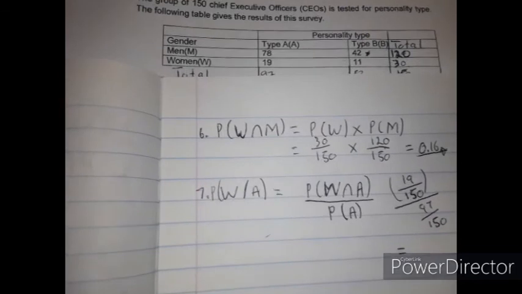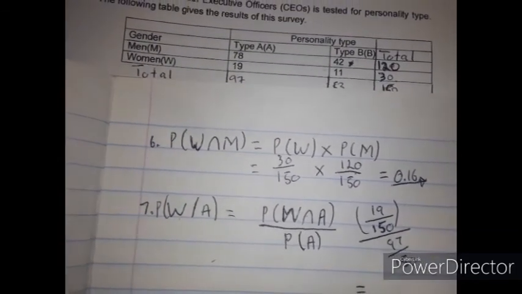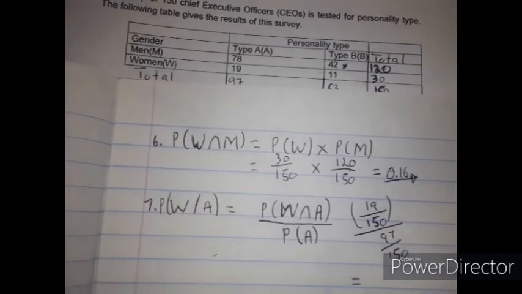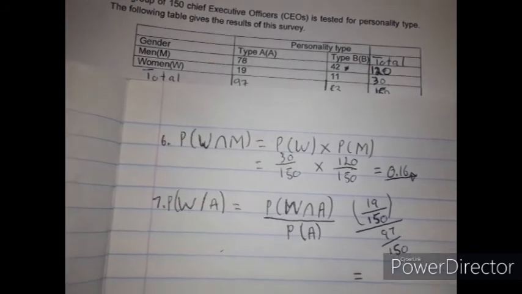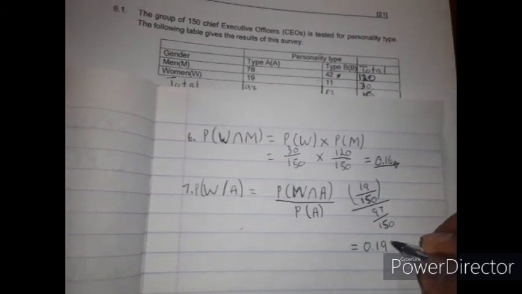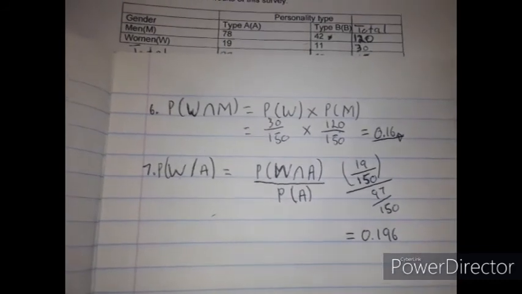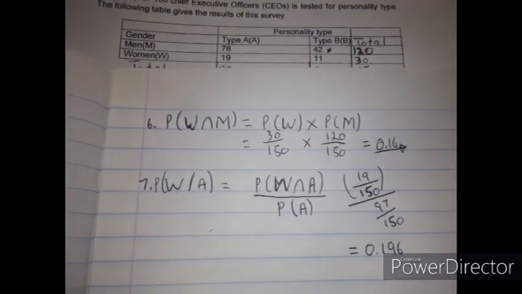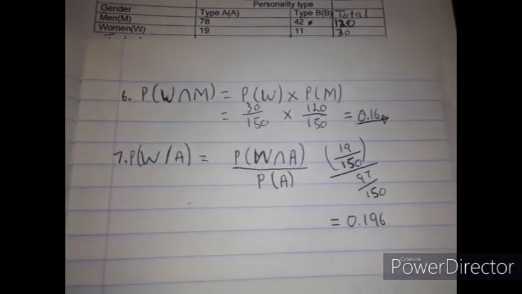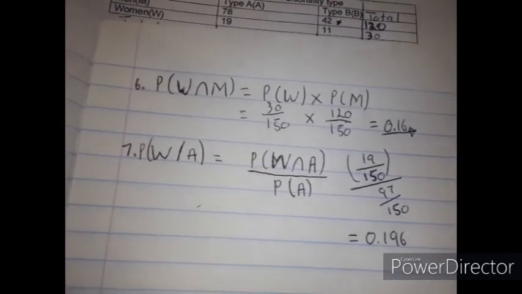So the answer is 0.196. If you are a tertiary student, please round off up to 3 decimal places. But if you are a matric student, round off to 2 decimal places.